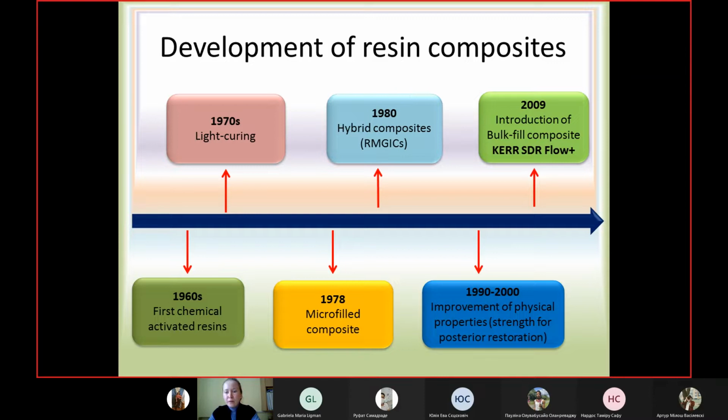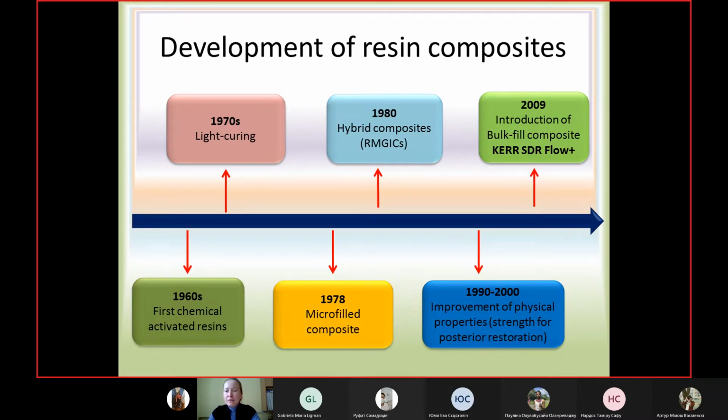In the 90s and 2000s, development continued, and we have materials with nanoparticles, and these nanoparticles make the material very attractive for aesthetics and polishing, so the physical properties improved more.